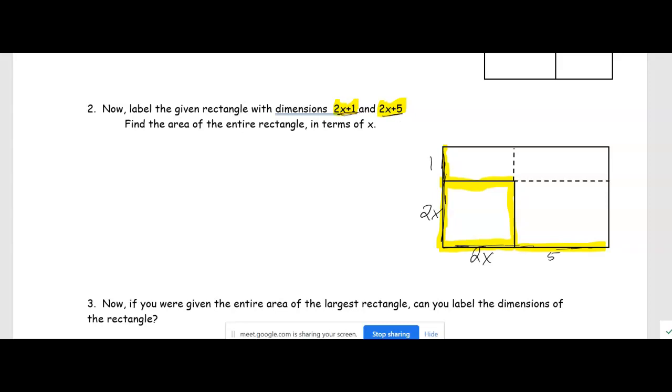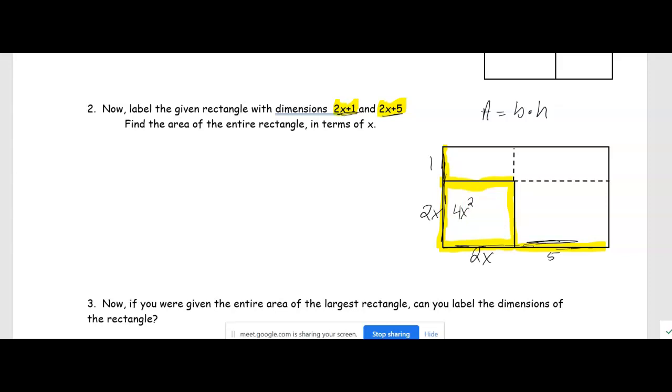Now all we're going to do is find the areas of each of those. With each of these, all we're really doing is base times height, or length times width, whichever you think. For this first rectangle, we call this one Roman numeral 1. That is 4x squared. If we did 2x times 2x, that should give us 4x squared.